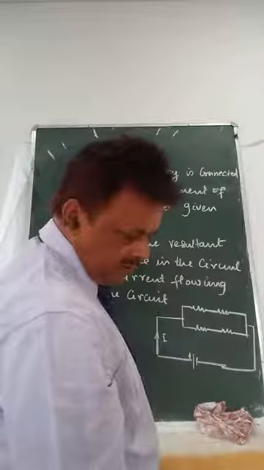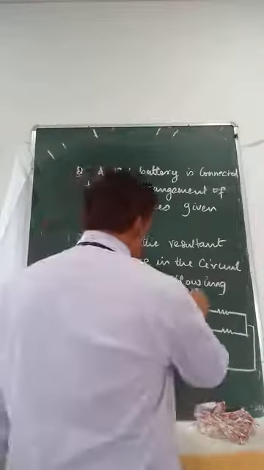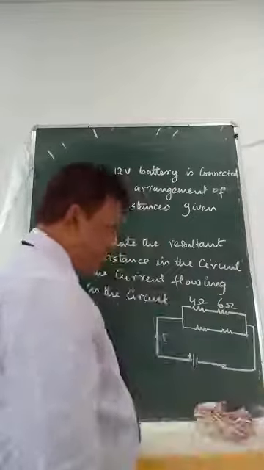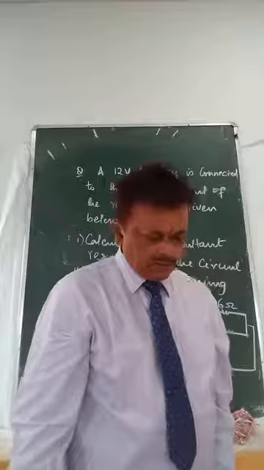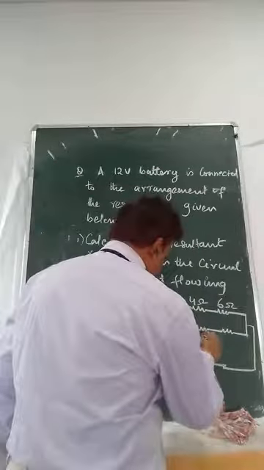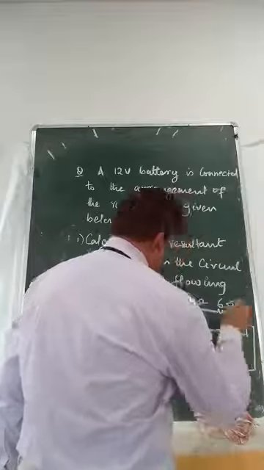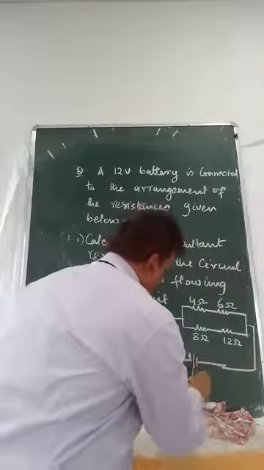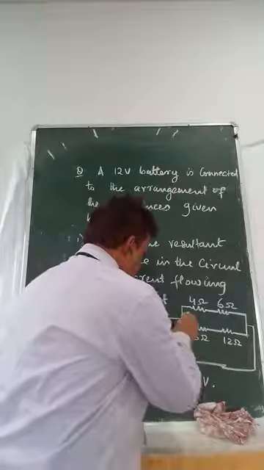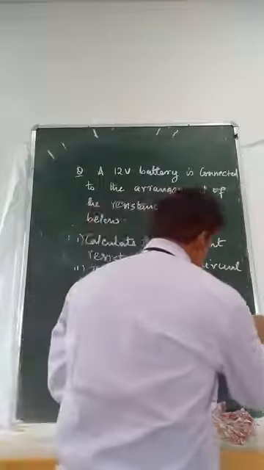This is given: 4 ohm, 6 ohm, then 8 ohm, 12 ohm. This is 12 volt. This is the current flowing. This is the point, suppose A, this is the point, suppose B.